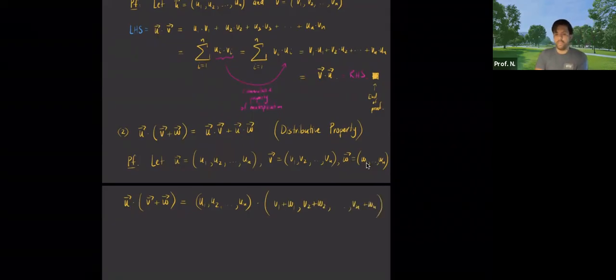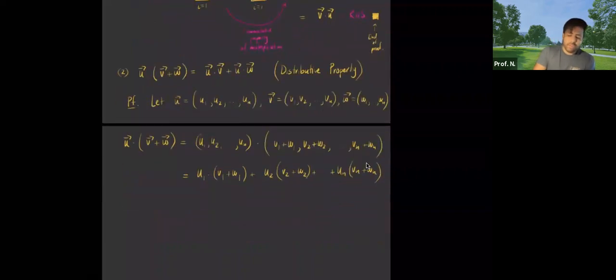That's what V plus W is. And then when I dot product this, what do I get? I get U1 times (V1 plus W1) plus U2 times (V2 plus W2), all the way to Un times (Vn plus Wn).